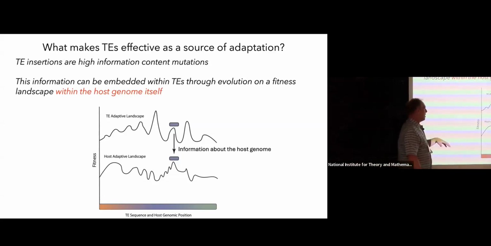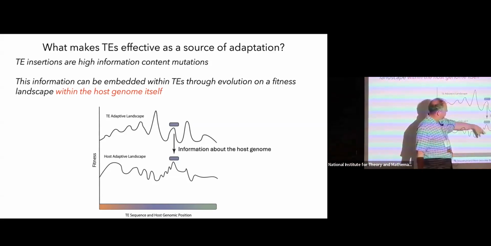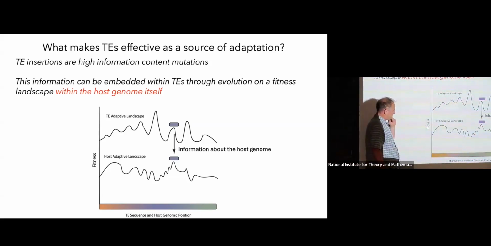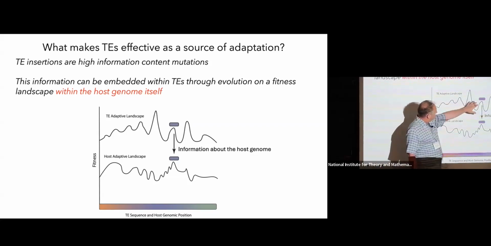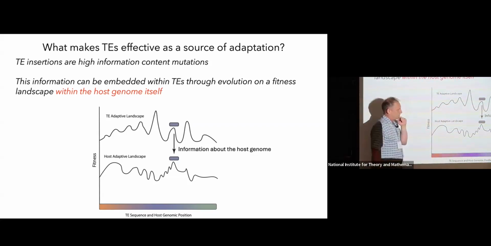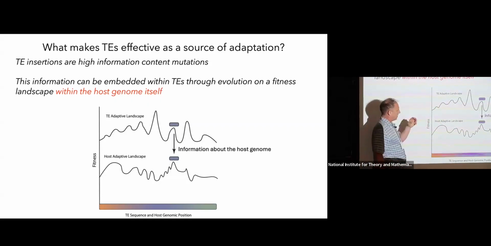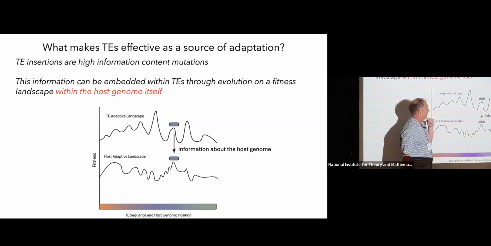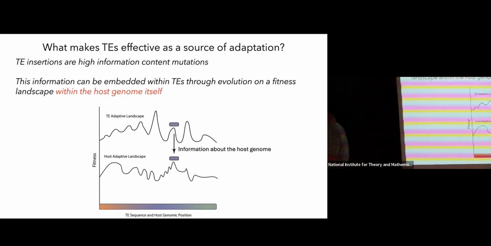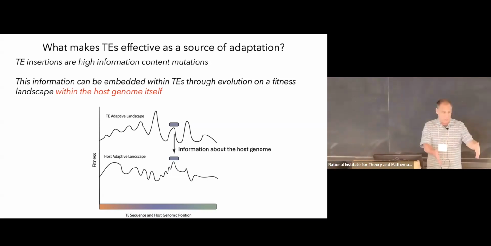And so they may end up at coincident places on a fitness landscape, where the information now embedded in the transposable element is not simply functional for the TE lineage, but can also be functional for the host. So it's almost like information from one adaptive landscape is moving to another lineage when they insert into a place and it's beneficial at that location with this particular function.